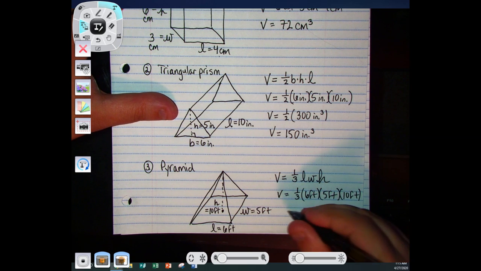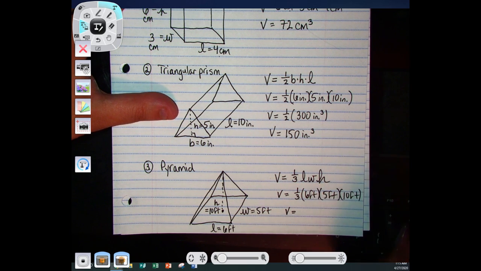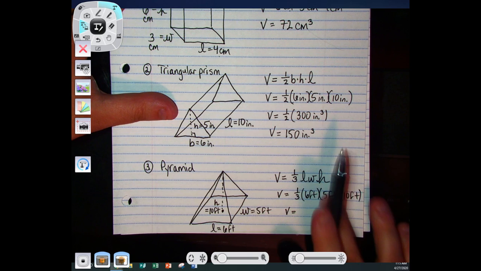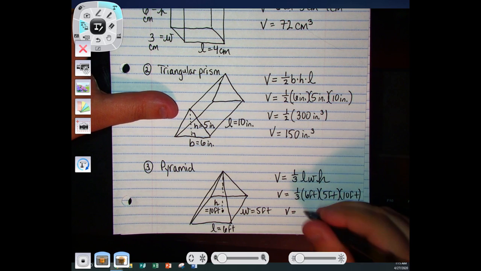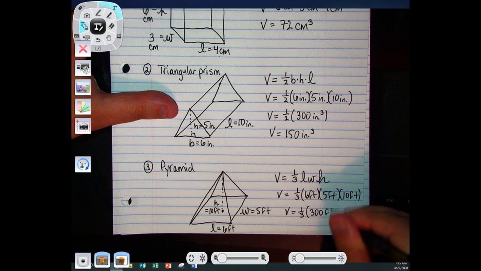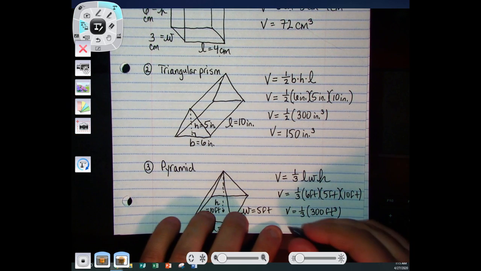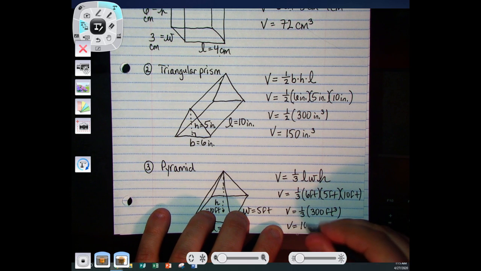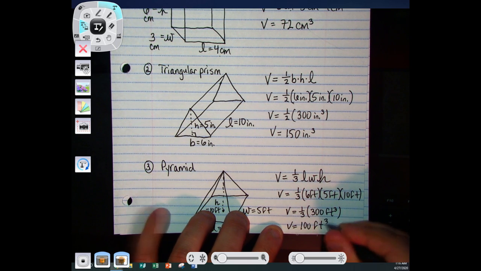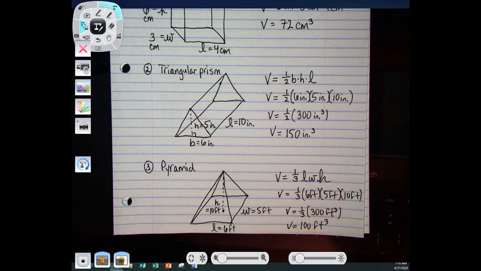Okay. So I multiply 6 times 5 times 10. I should have picked different numbers, but that's okay. It works. That's 300 cubic feet. So then I do 1/3 of 300, and that gets me an answer of 100. So therefore, the volume of this pyramid is 100 cubic feet.